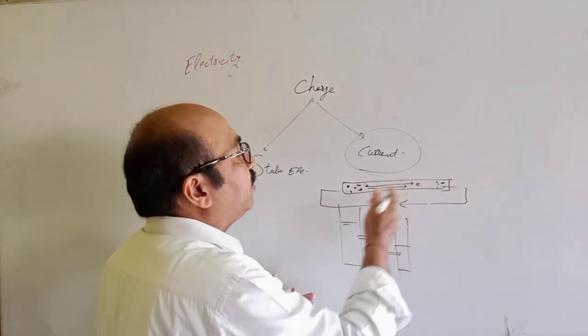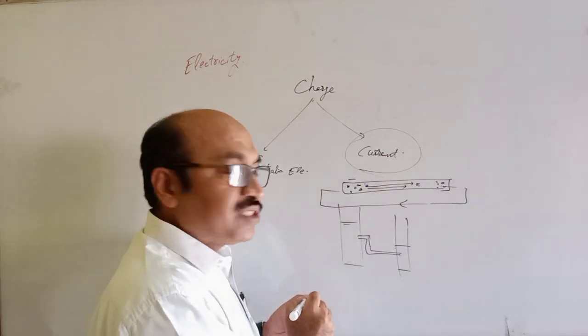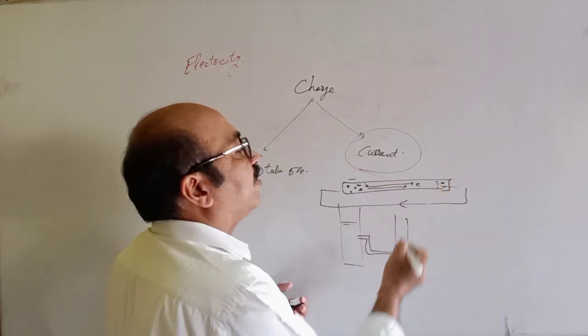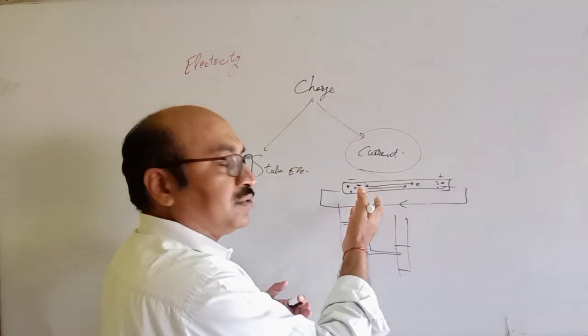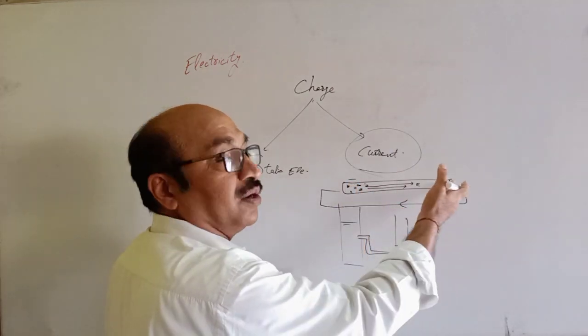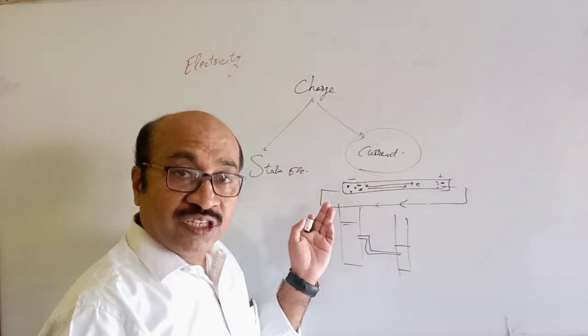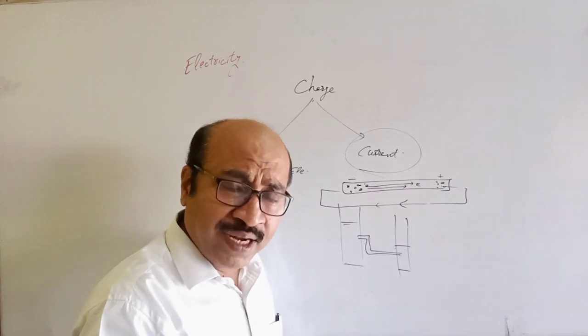So where the excess of electrons is there, this is called the negative of this conductor. And where the electrons are fewer in number, that is called positive. So in a body, electrons are moving from this negative part to the positive one. But the conventional current, its direction is opposite to that. I think you got that.